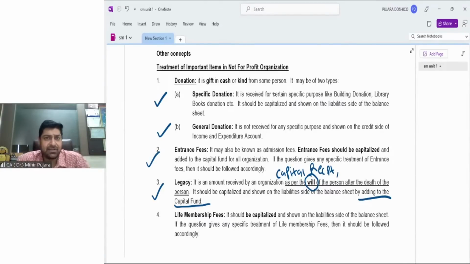Legacy, death है, non-recurring है भाई, it happens only once. It's a non-recurring capital receipt added to the capital fund. Life membership we have discussed, it's non-recurring. It is also part of balance sheet, added to capital fund.